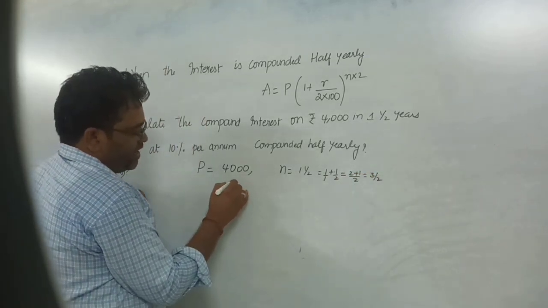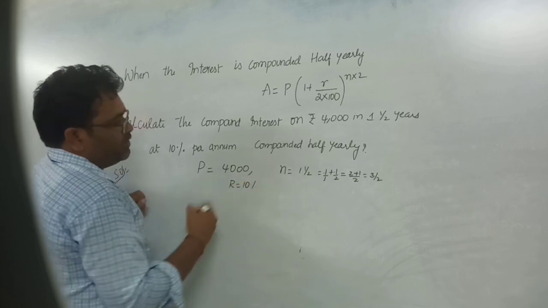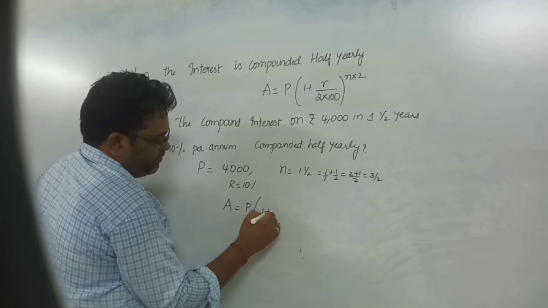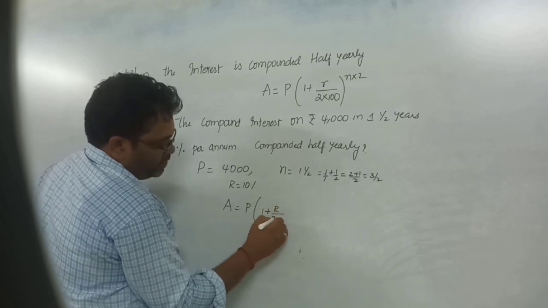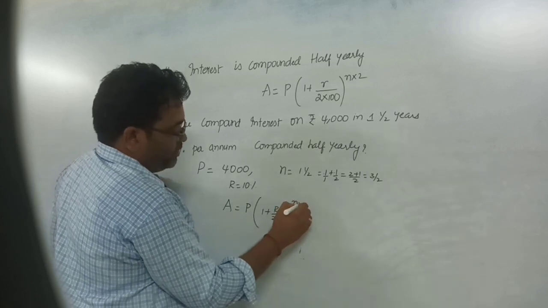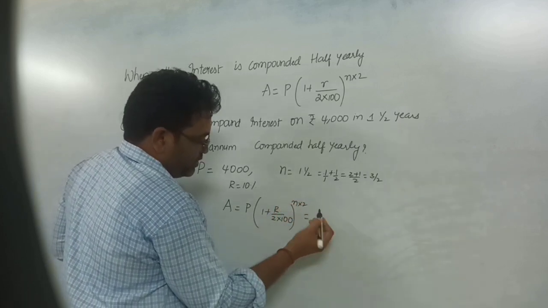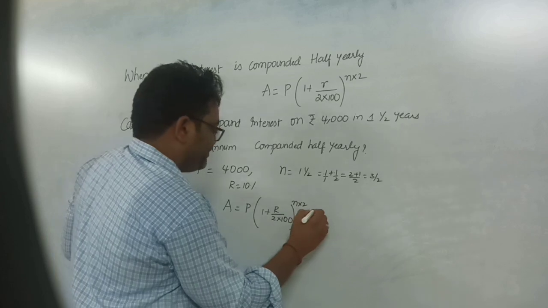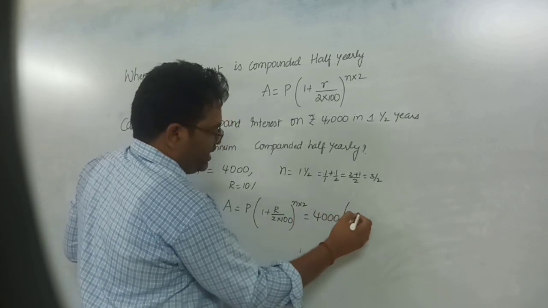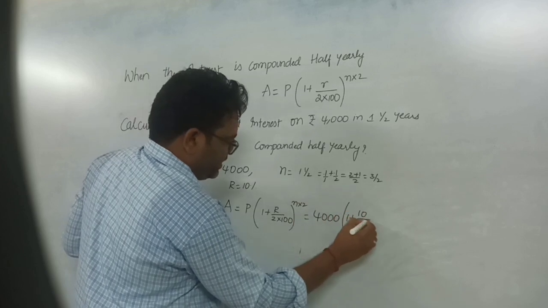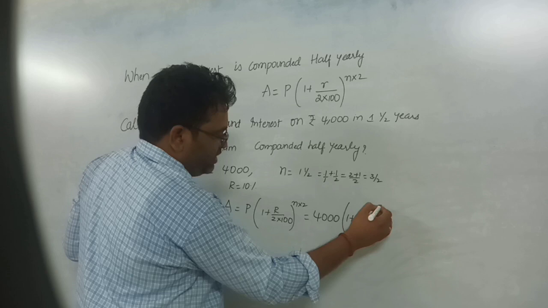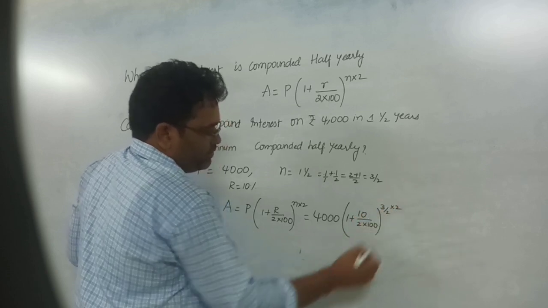And the rate of interest R is given as 10%. Now we know the formula A is equal to P into (1 plus R by 2 into 100) whole to the power of n into 2. So here the P value is 4000, and 1 plus R is 10% divided by 2 into 100, whole to the power of n, which is 3 by 2 into 2.